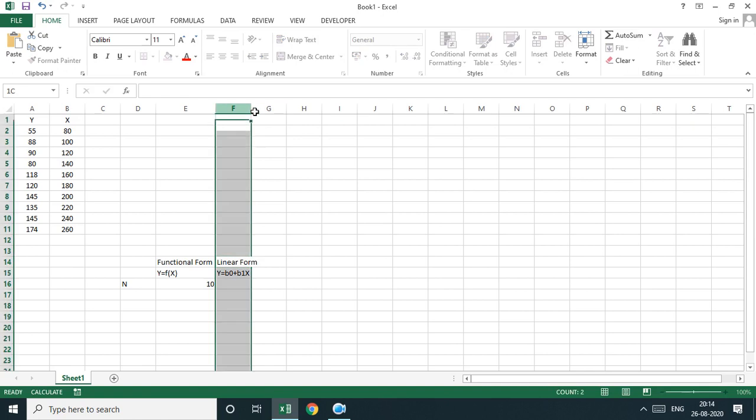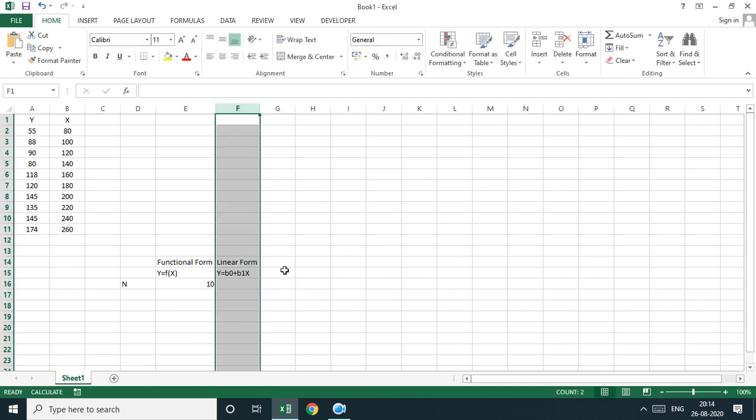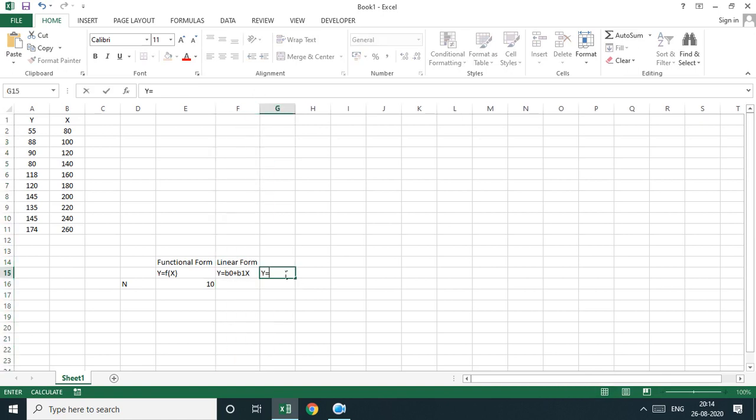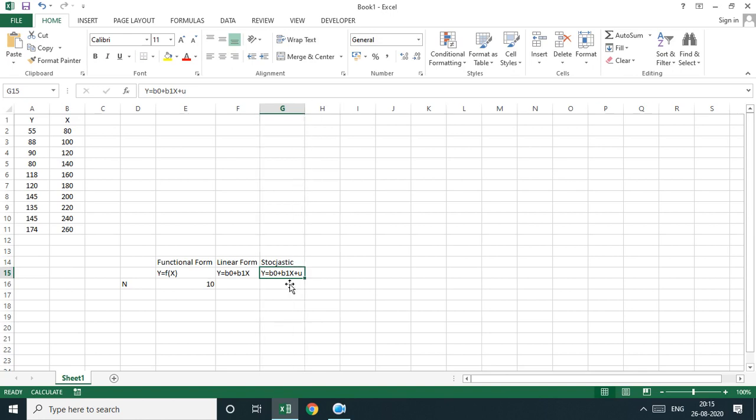Then if we add a term, y is equal to beta 0 plus beta 1 x plus u, this is known as the stochastic specification of the linear regression model. So our regression model is just like this.